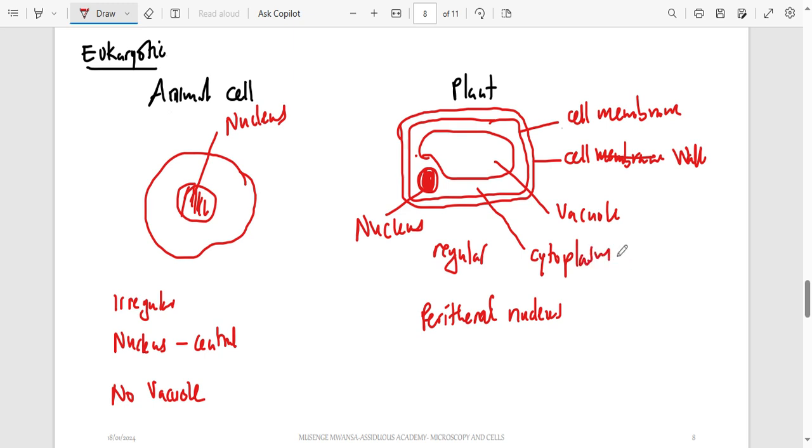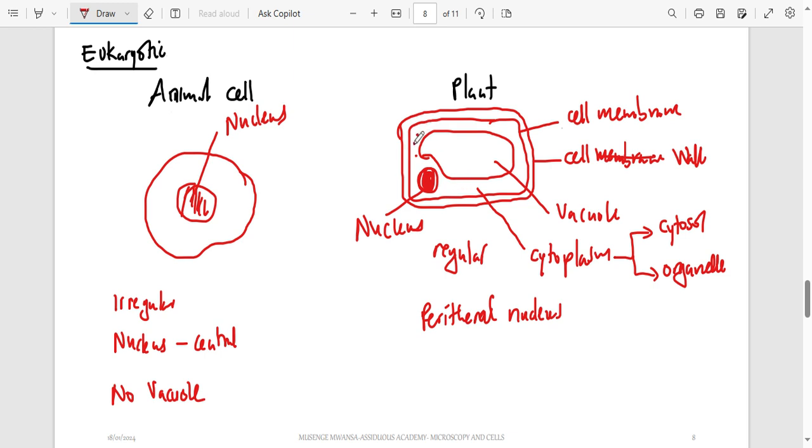The cytoplasm is going to have two things. It's going to have the cytosol. It is also going to have organelles. The cytosol is the liquid part of the cytoplasm. The organelles are structures that you're going to be able to find in that liquid. We have things like the nucleus.